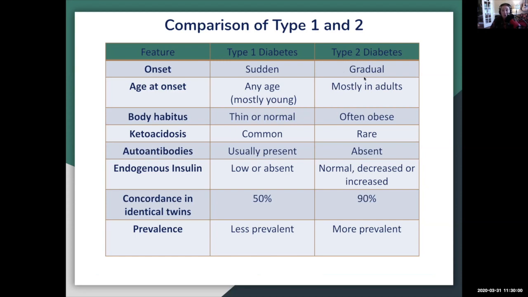So now to recap, type 2 tends to be a gradual onset. This is the most common scenario for diabetes in adults. These patients tend to have gained weight. They tend to have obesity, and they tend to carry that fat in the apple shape. Diabetic ketoacidosis is rare. It can happen, but there's a similar condition to diabetic ketoacidosis that many type 2 patients are familiar with, and that's called HHK.